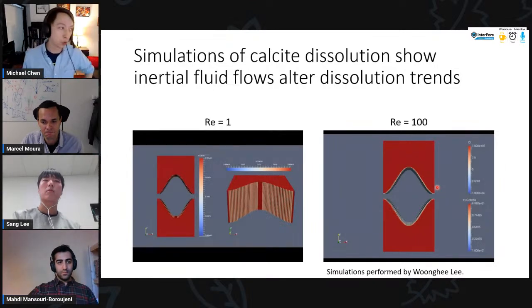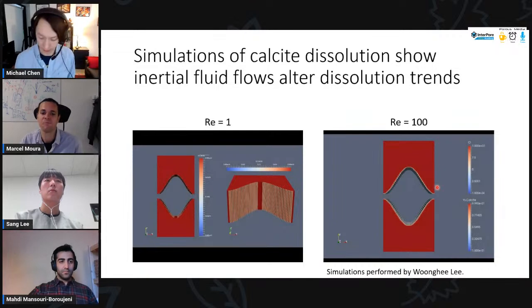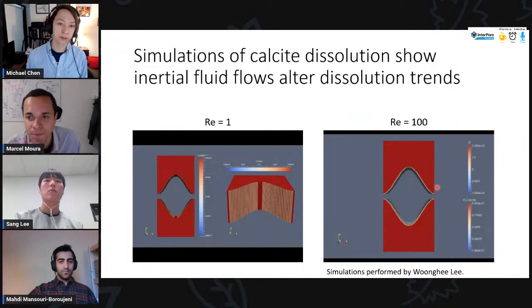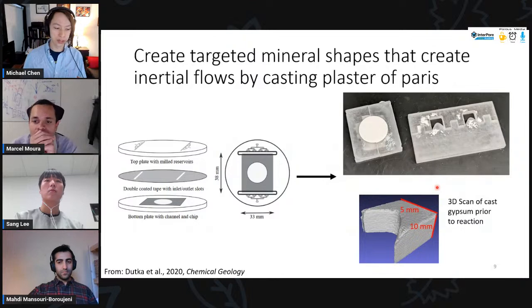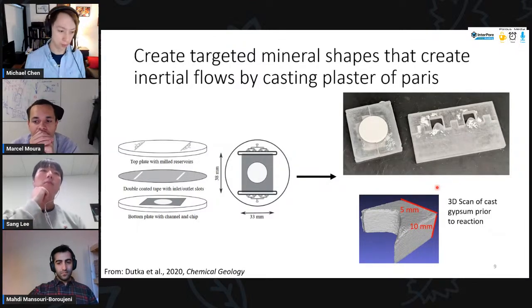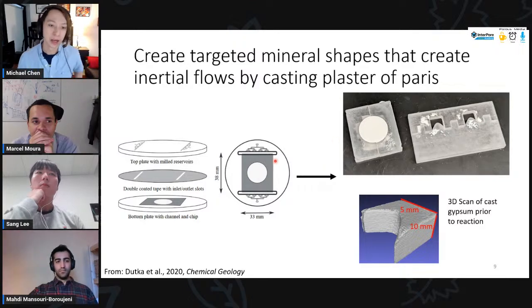And so we wanted to adapt this system and be able to also investigate the presence of these convective flows. And so what we've done is we need to be able to create that shape, right? Professor Simchek has this really neat experimental system where they looked at dissolution of gypsum, and what they were able to do is cast that gypsum into whatever shape they want.